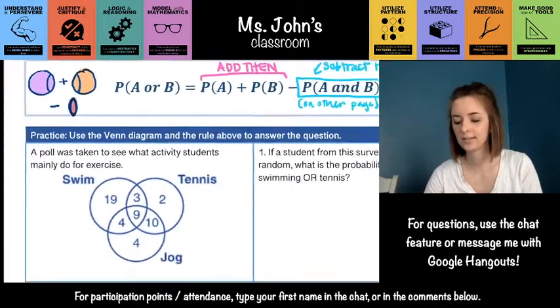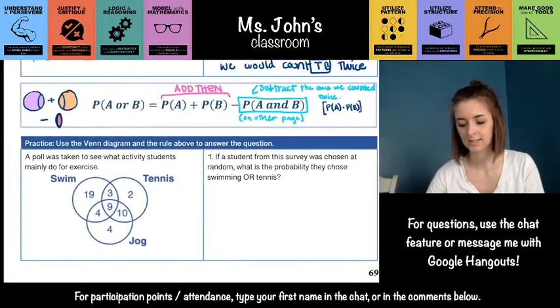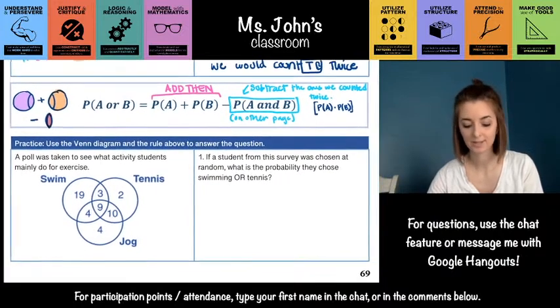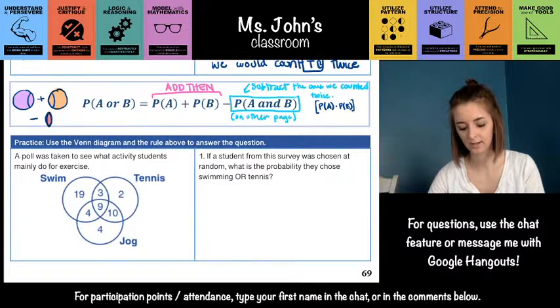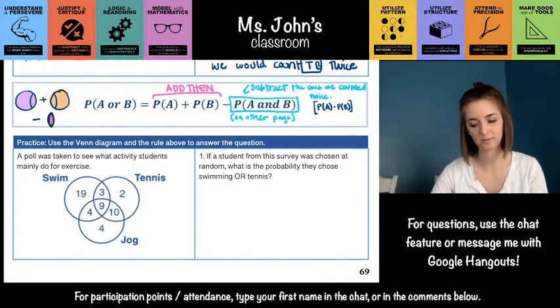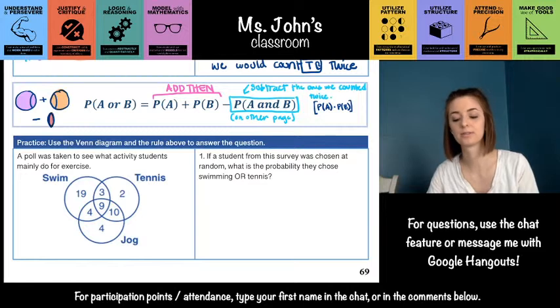So let's use a Venn diagram down here. This is one where it again gives us the sample space. So we are not needing to use this equation quite yet. We will later. But right now we can see everything, all the results in this Venn diagram.